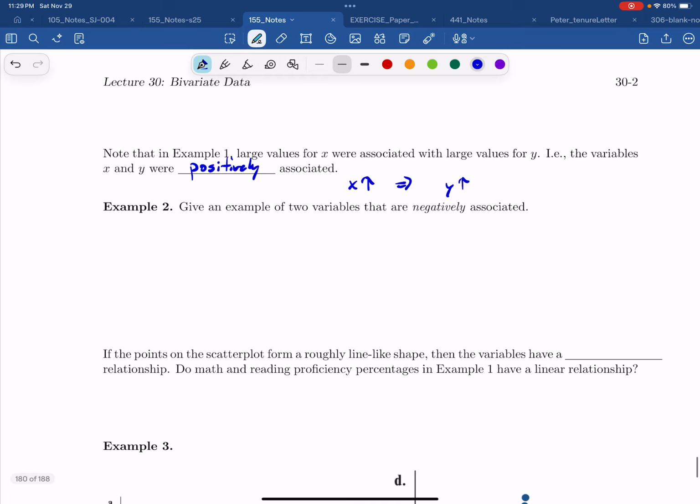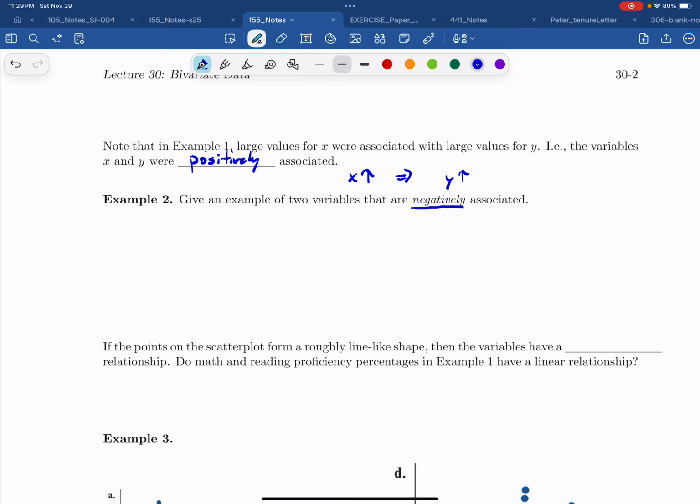So an example of two variables that are negatively associated might be if x equals the age of a battery, and y is the life of a battery.